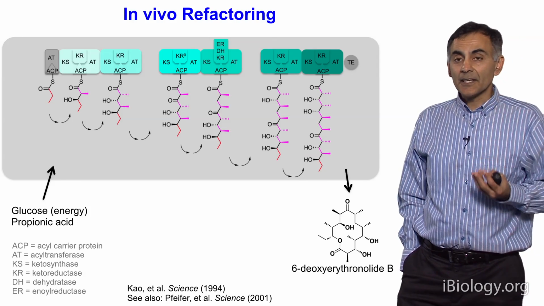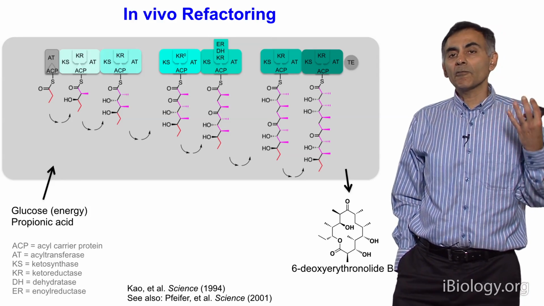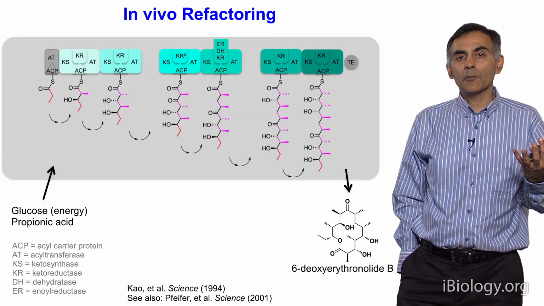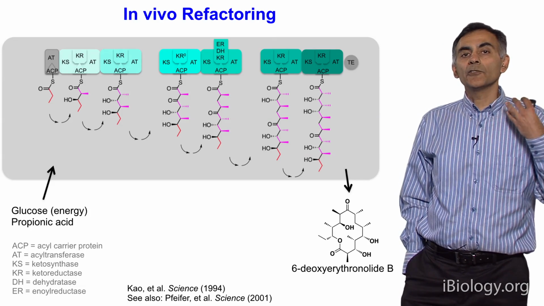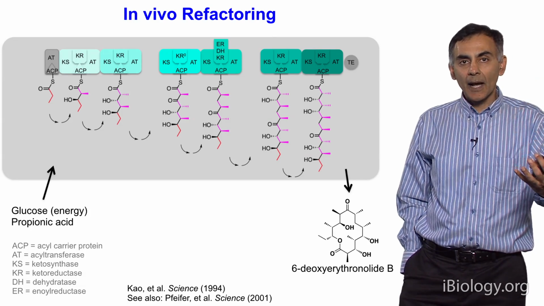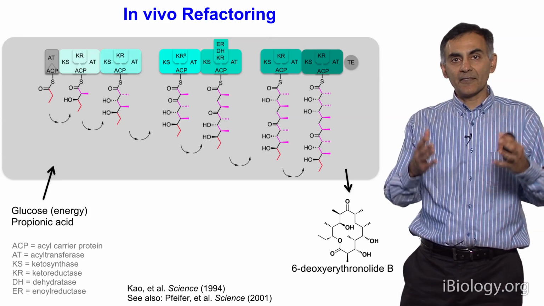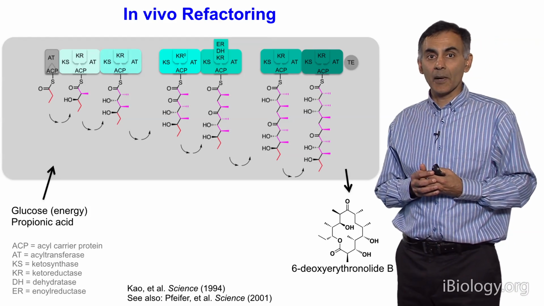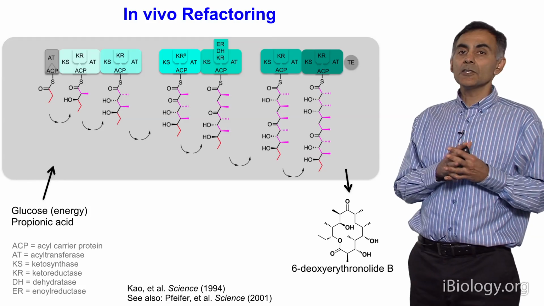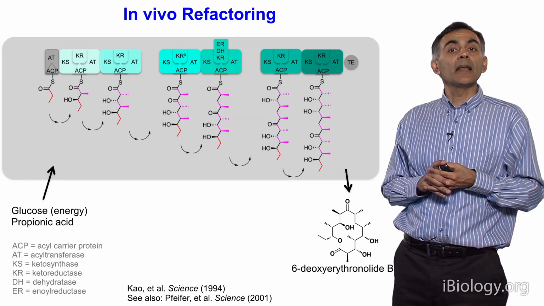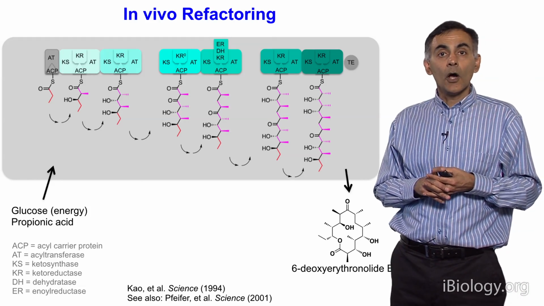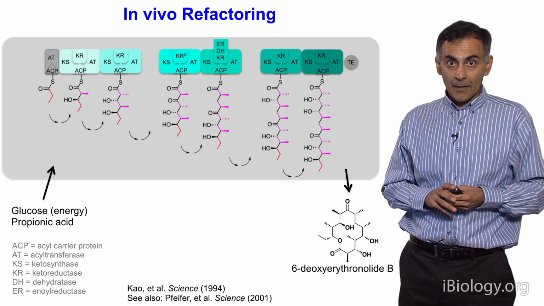In order to study these systems, one of the first set of tools that we developed was to be able to take these very complex metabolic pathways, like the DEBS metabolic pathway, and put them into genetics-friendly microorganisms, hosts like E. coli.